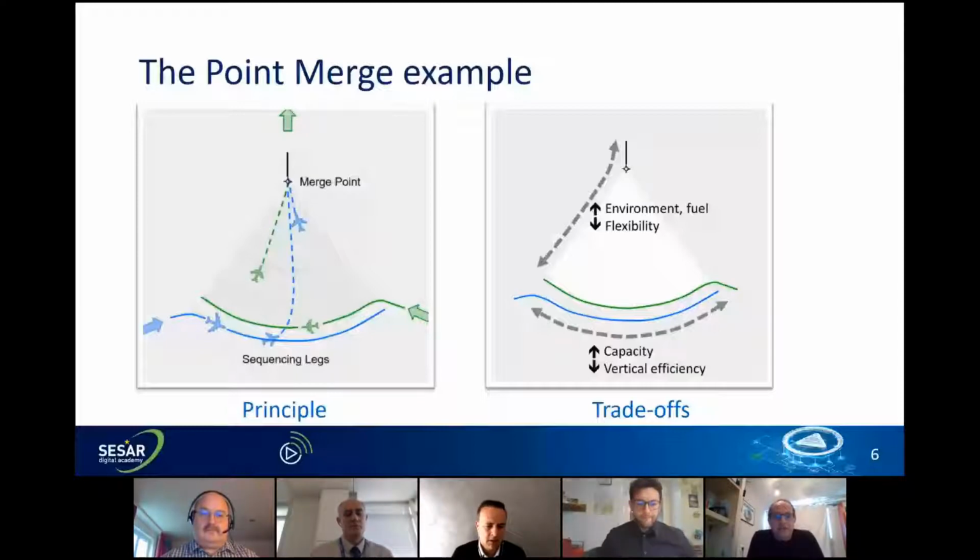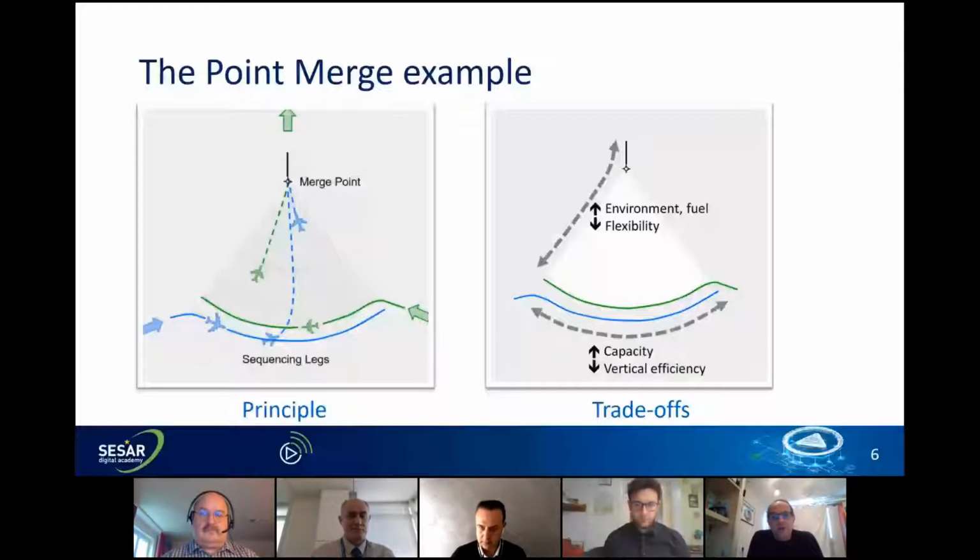And after that, because the distance to the runway is known by the FMS, you can engage into a continuous descent. So the price to pay when there is traffic is these vertical constraints along the sequencing legs. And once you are directed to the merge point, you can engage in that CDO.